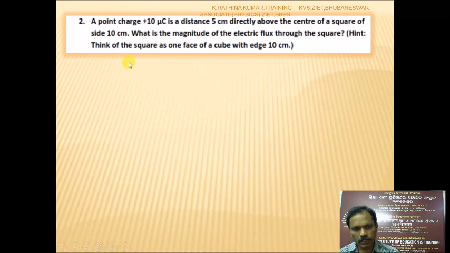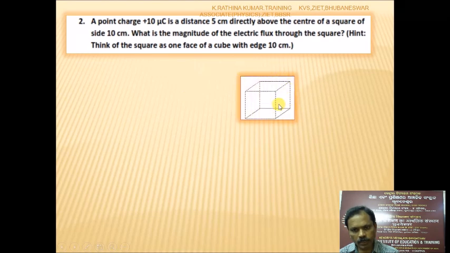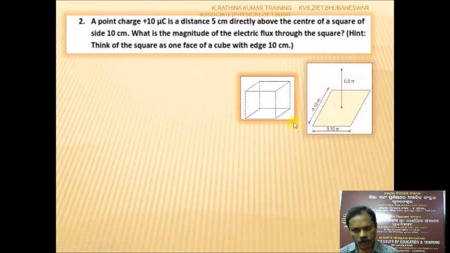Hint: think of the square as one face of a cube with edge 10 centimeter. Let us see this. This is the diagram of a cube. So one face is 10 centimeter. Let us see the diagram for this question. This height is 0.5 meter. This is 0.1 meter length and width is 0.10 meter.